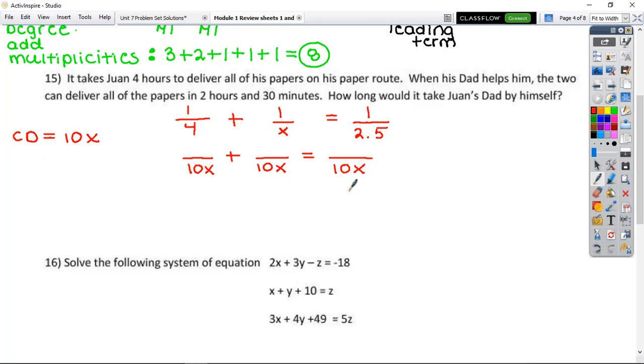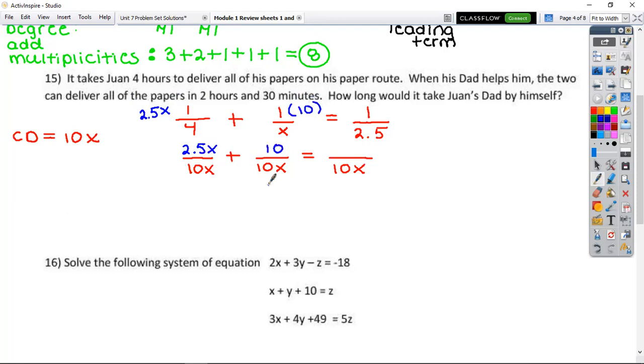Okay. So my first fraction, what do I need to multiply the 4 by to make it say 10x? 2.5x. Good. I have 2.5x here. And move to the next one. Multiply it by 10.